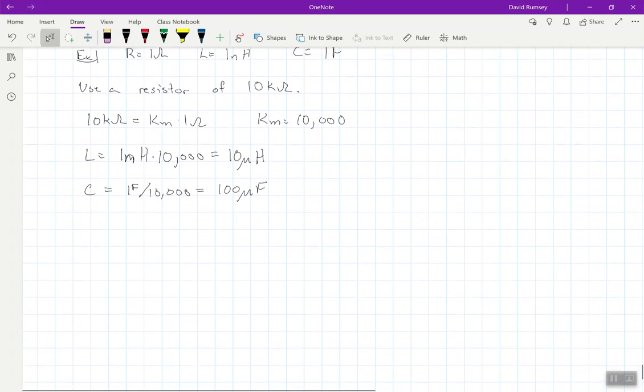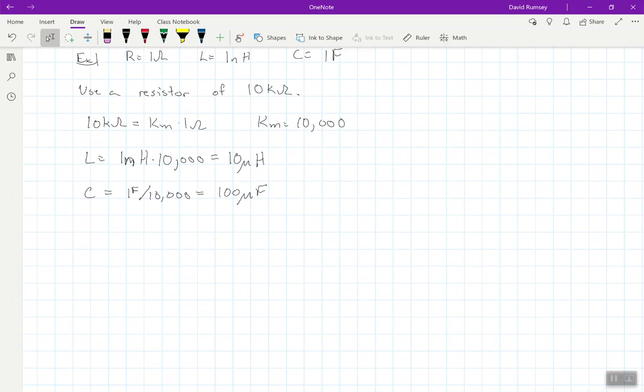So that's magnitude scaling. Frequency scaling is if we want to change the frequency that a circuit is operating at. Without going through all the details, we want to have Kf being my frequency scaling.